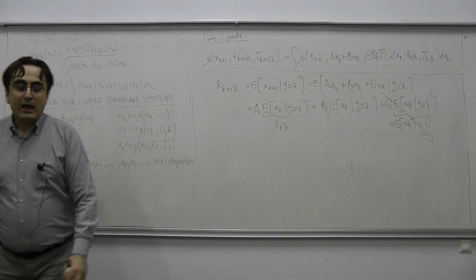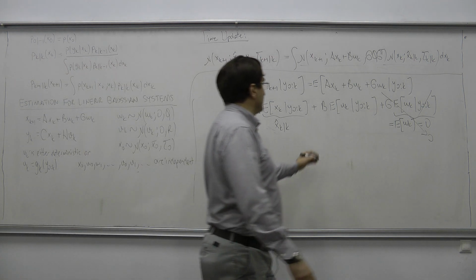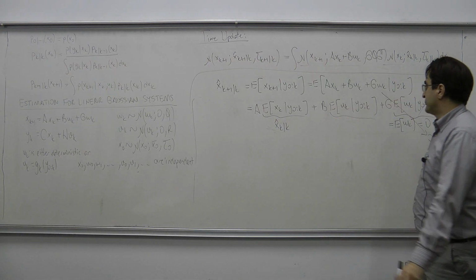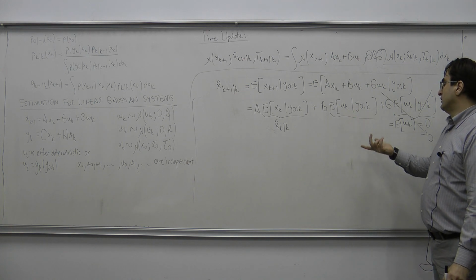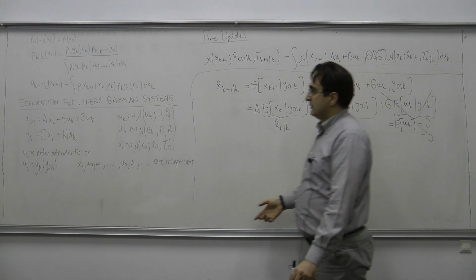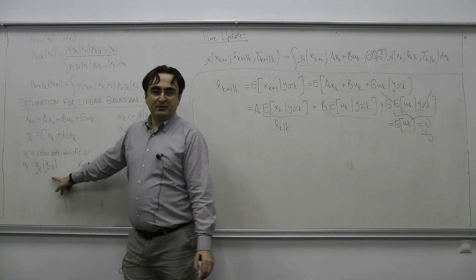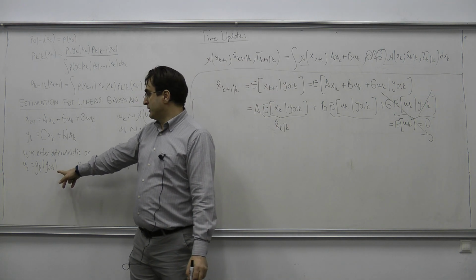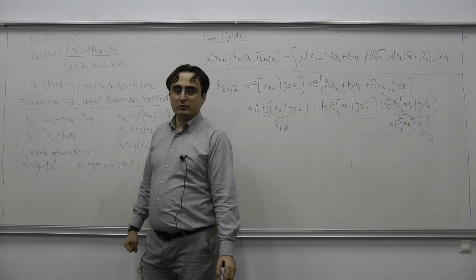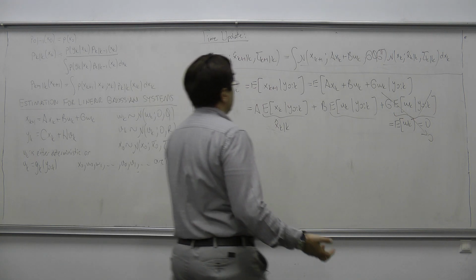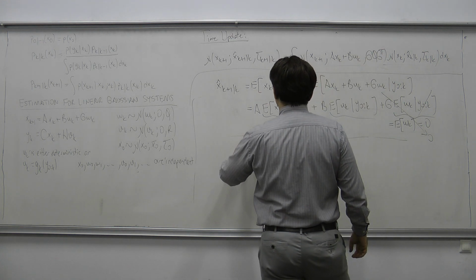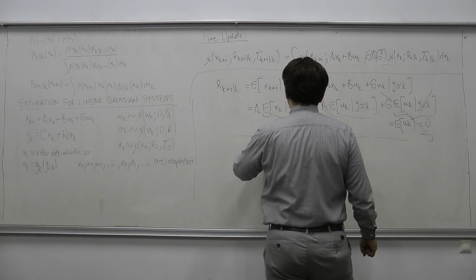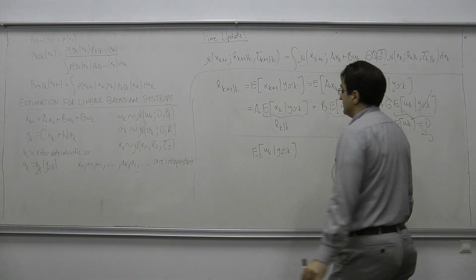And here comes the most problematic part, this expectation. Why might that be problematic? Because uk might be random. It might be coming from the feedback rule here. So let us consider this expectation here, the expected value of uk given y0k.